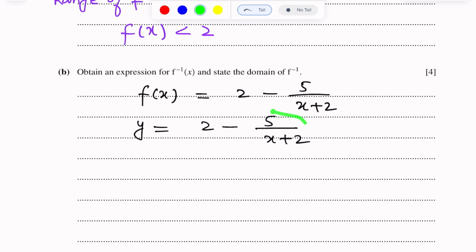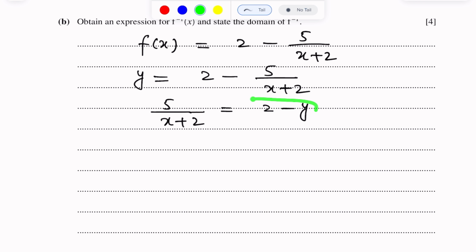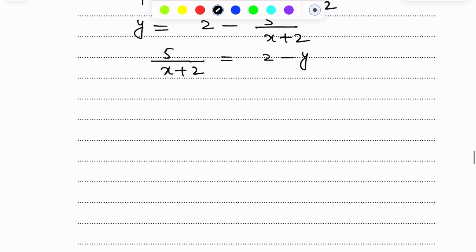From this equation, we will make x the subject. First of all, we simplify it. We can write 5/(x + 2) = 2 - y. Now by cross multiplying, we can write 5/(2 - y) = x + 2.